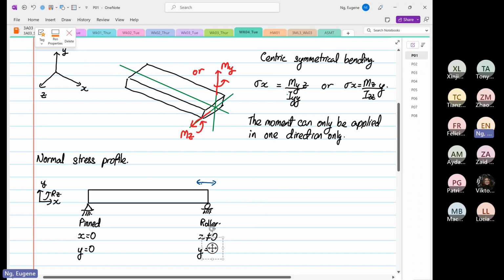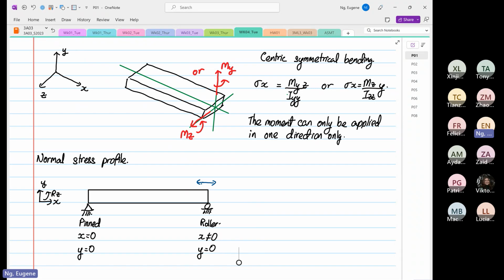Usually when we don't allow movement, there is a reaction. So the reaction force in the x and y direction cannot be equal to 0 because we are restricting movement.